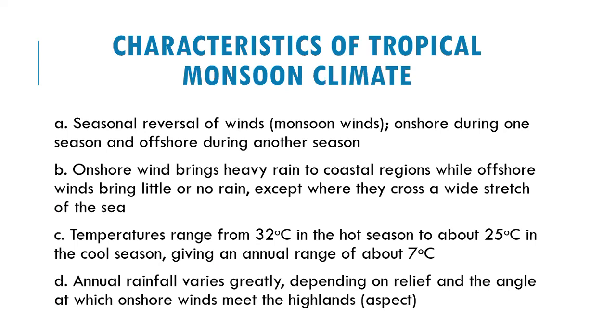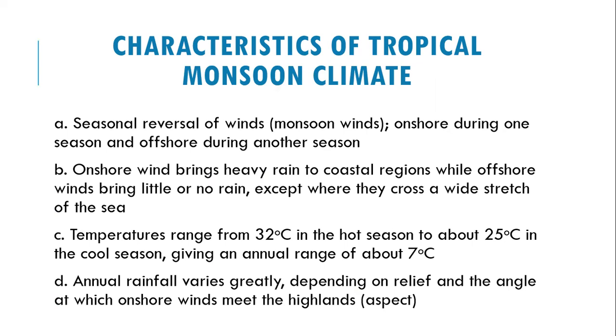During these winds, they provide specific times for traveling within the seas. Now the onshore wind brings heavy rain to the coastal regions, while the offshore winds bring little or no rain, except when there is a wide stretch of the sea.